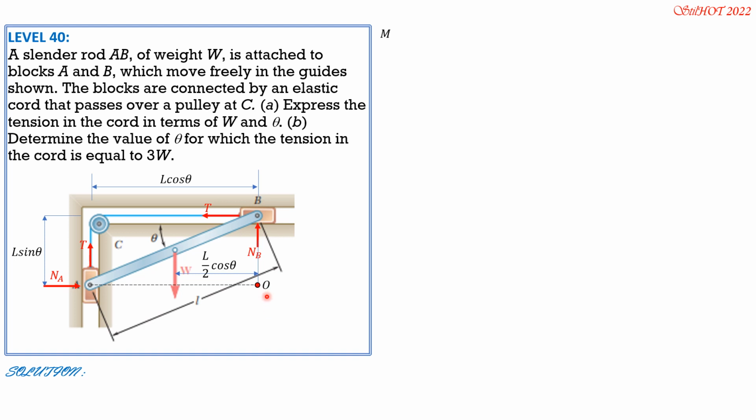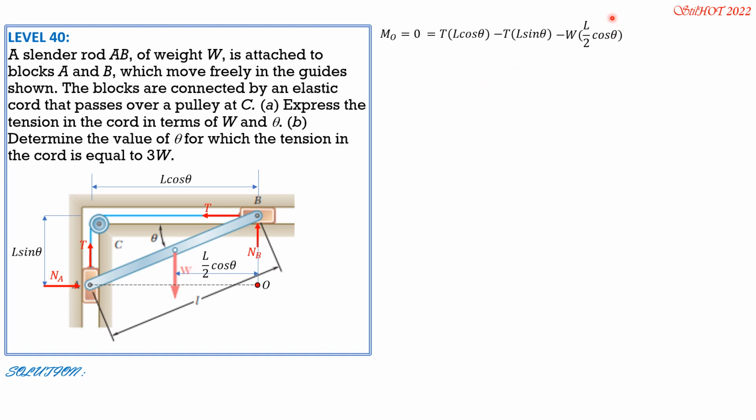So moment at O is 0. And considering clockwise positive, it is equal to T times L cosine theta, then minus T times L sine theta, minus W times L over 2 cosine theta.